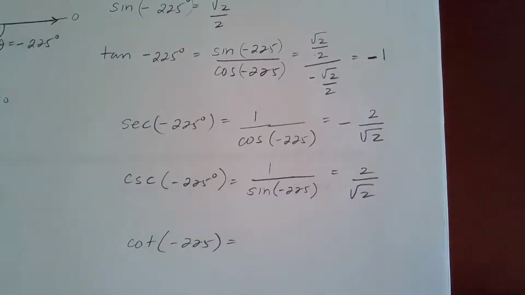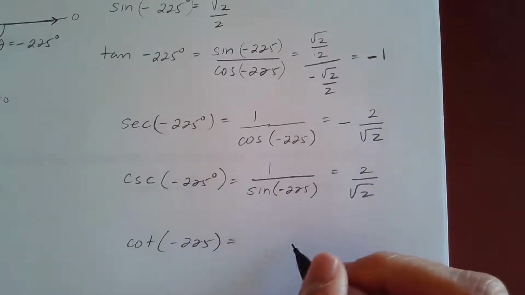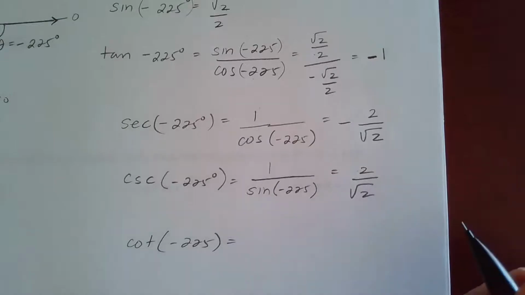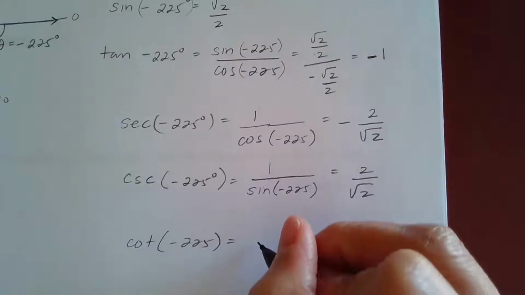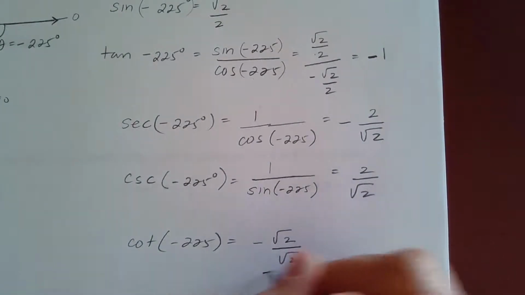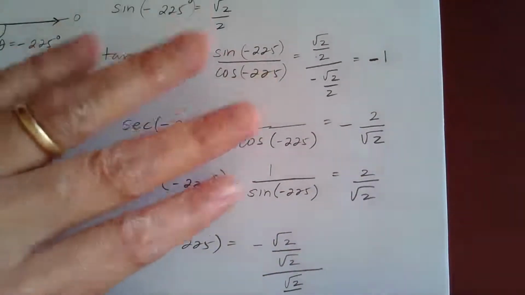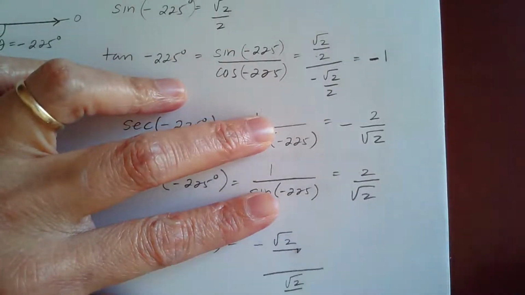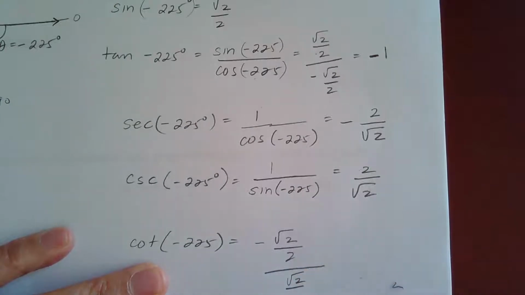That's the reciprocal of tangent. You can think of it as 1 divided by tangent, or cosine divided by sine. So it's negative root 2 over 2 divided by root 2 over 2, which is still negative 1.